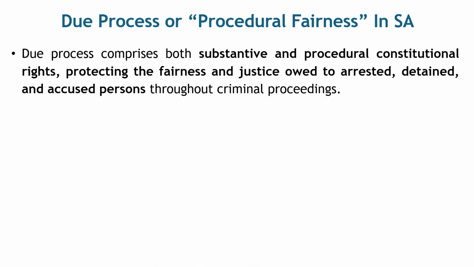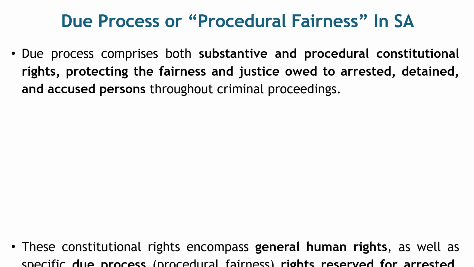As we mentioned, the due process model in South Africa comprises both substantive and procedural constitutional rights guaranteed in Chapter 2 of the Bill of Rights, and these aim at protecting the fairness and justice owed to arrested, detained, and accused persons throughout the criminal justice proceedings.